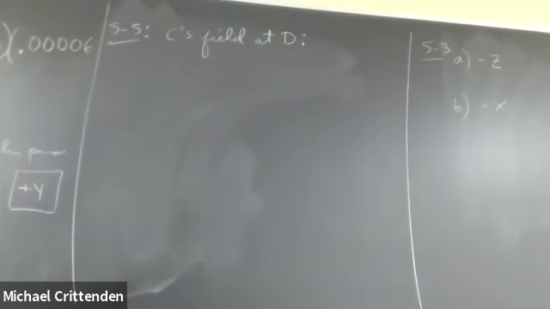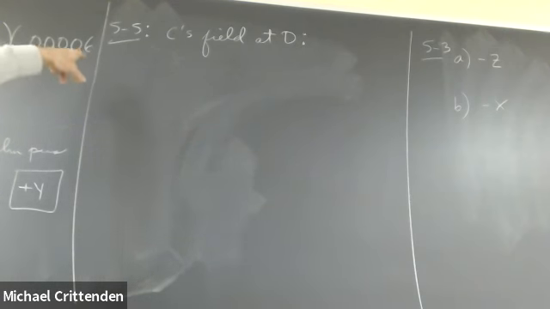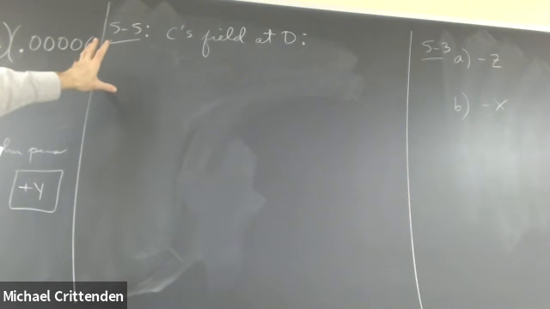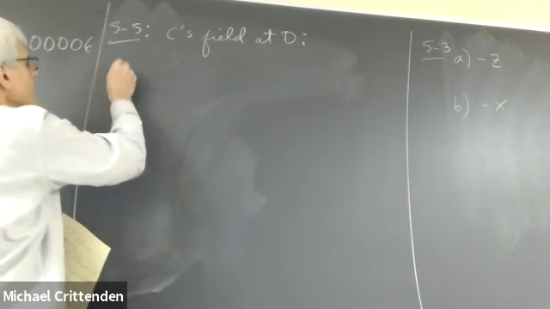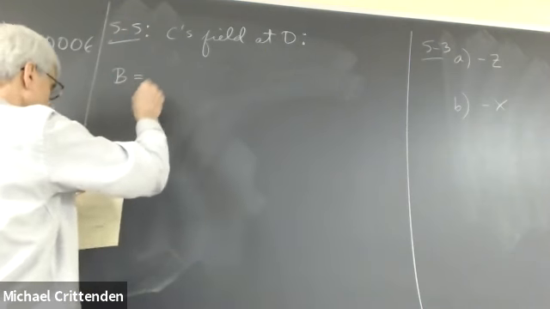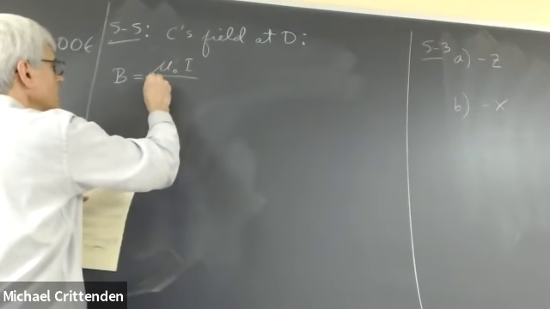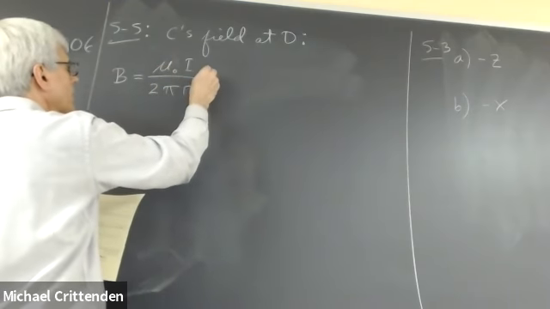I named them wire C and wire D because A and B seemed like a bad idea, since I'm using B for the magnetic field. So C produces a field. How strong and what direction is that field where wire D is located? For the strength of it, B equals mu-naught I over 2 pi r.